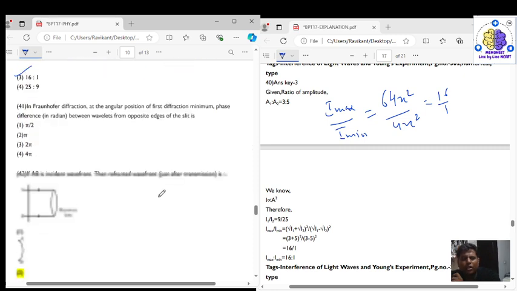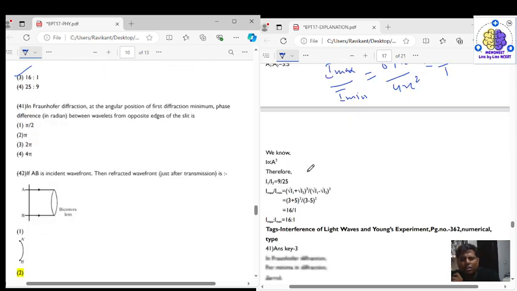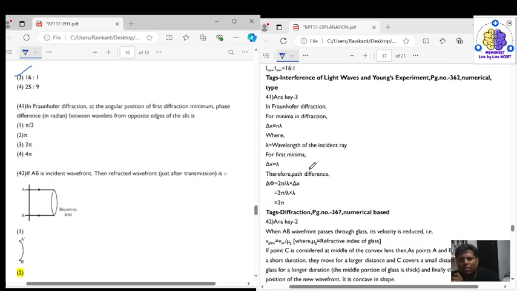Now coming to question number 41. Question number 41 says that in the Fraunhofer diffraction, at the angular position of first diffraction minima, the phase difference between the wavelets from opposite edges of the slit is.